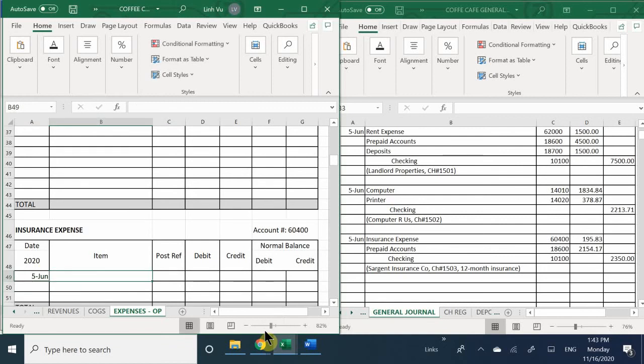Here is where you're going to write insurance expense for the month of June, because that's what this amount right here is for. It's not for the full 12 months, but it's for insurance for the month of June.